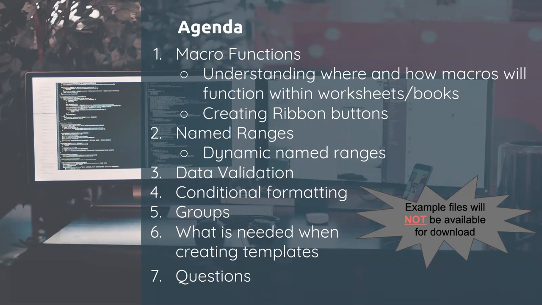So just a quick note, the example files that we go over aren't going to be directly available for download, but if you are definitely interested in playing around with stuff, it wouldn't hurt to reach out to us and see what we can work out. As far as actually having the files that I'm working on specifically, they will not be available.